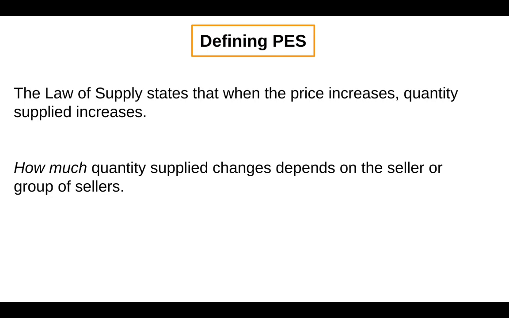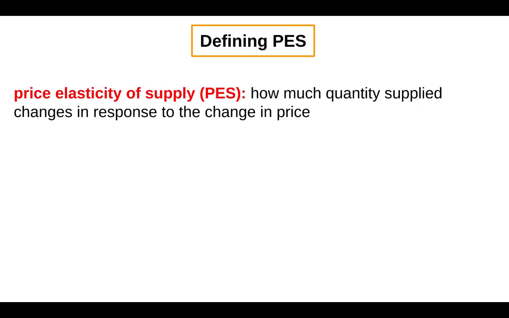How will they respond? The price elasticity of supply, therefore, is how much quantity supplied changes in response to the change in price. Are sellers going to respond with a big gesture and sell a lot more or a lot less? Or are they going to barely respond and just sell a little more or a little less? That's the idea of the price elasticity of supply.